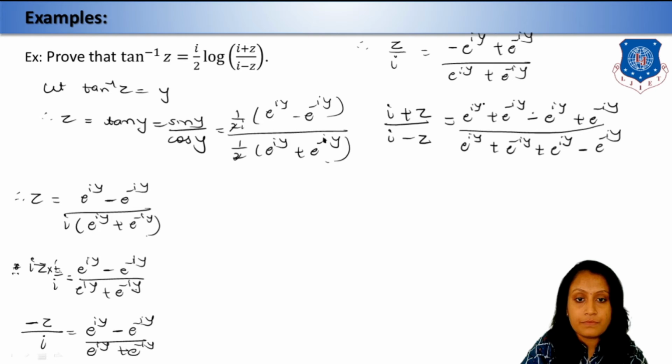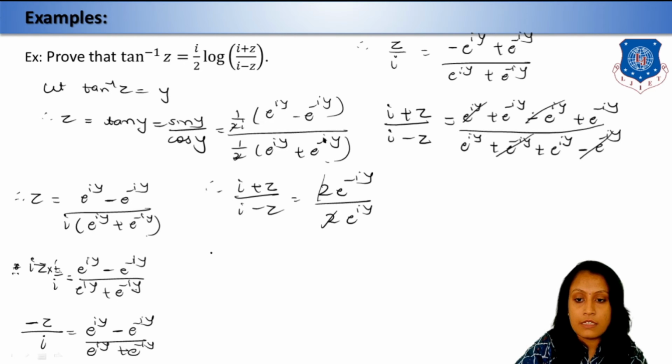Now over here this e raised to iy will get cancelled and here e raised to minus iy will get cancelled. So what you will get, i plus z upon i minus z is equal to 2 times e raised to minus iy upon 2 times e raised to iy. This 2 will get cancelled. Therefore i plus z upon i minus z is equal to e raised to minus 2iy.